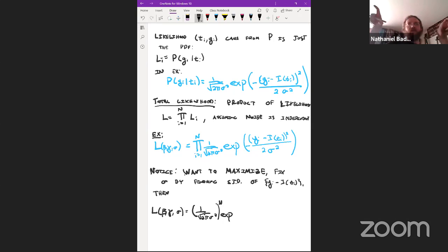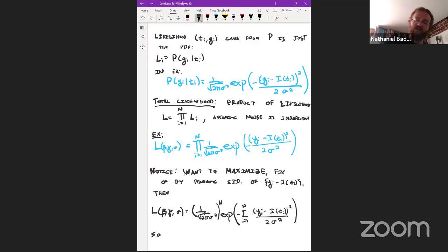What happens when we take the product of a bunch of stuff? In the exponent, it becomes a sum: minus the sum from i equals 1 to n of yi minus I of t squared over 2 sigma squared. So look, lo and behold, 2 sigma squared is constant.